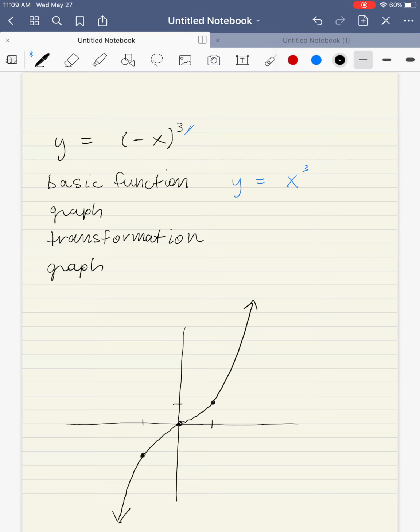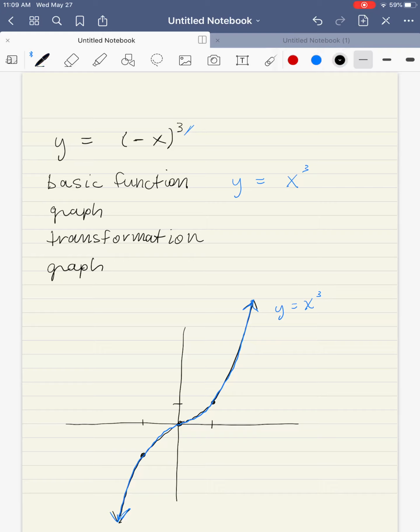Like that. All right, then, so this is y equals x cubed. And I keep graphing it in black when I mean to do it in blue. So this is y equals x cubed.